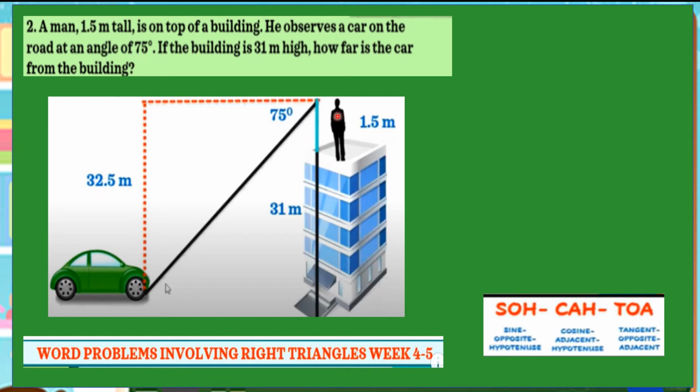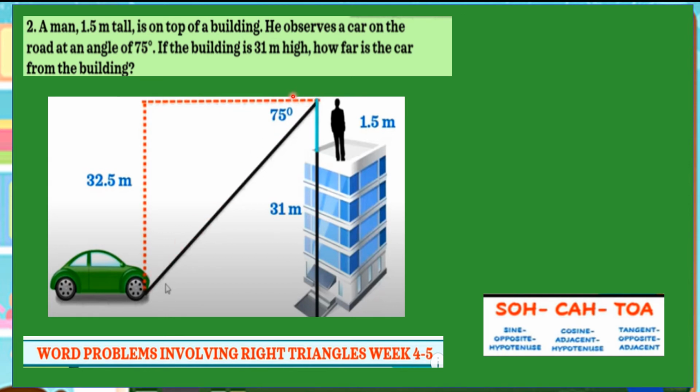Then, sinabi din na he is observing the car at an angle of 75 degrees. So, kung siya'y nasa taas, syempre tutungo siya and he will form angle of depression. So, angle of depression is the angle from the horizontal line of sight to the line of sight.